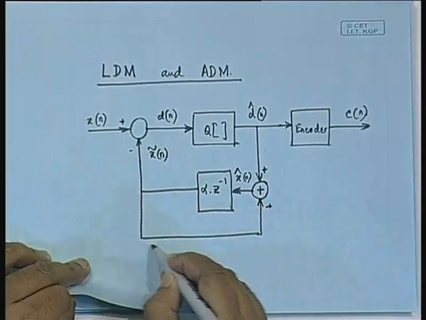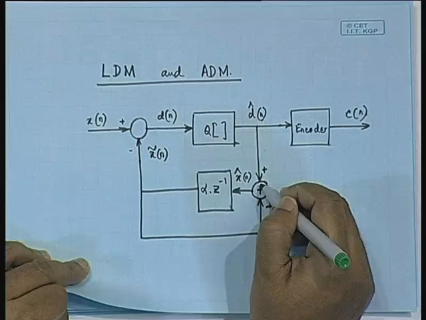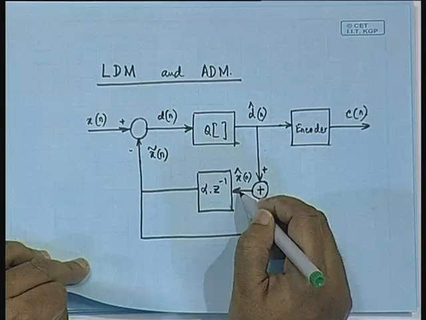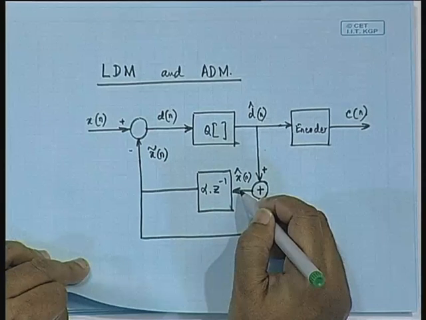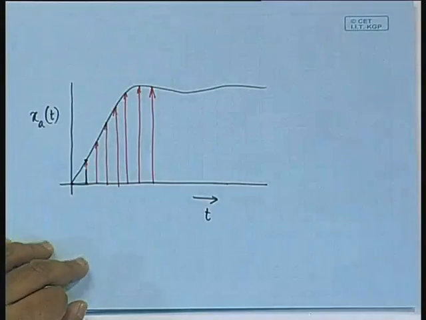Now, the previous sample was 0. So, 0 gets added to delta, which means x cap n now becomes equal to delta. So, x cap n is delta.